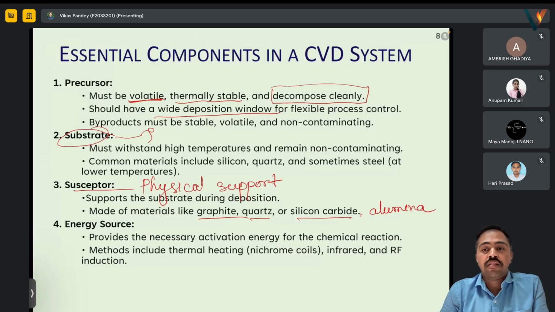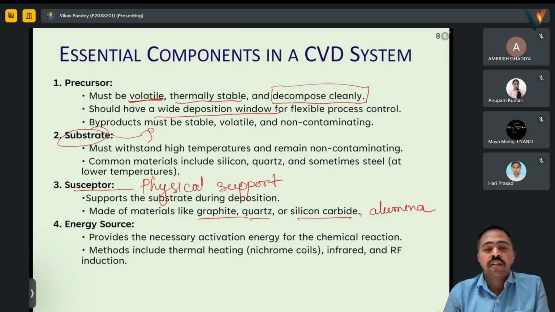Then is the energy source, and that defines the type of CVD we are talking about. It is very important because reactions will not take place on their own. They will need some activation energy, and to provide the necessary activation energy for the chemical reaction, we have to give some energy.